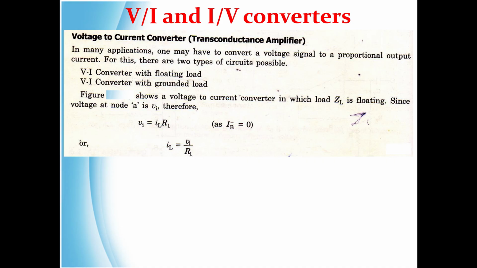Since voltage at A is VI, so this is the voltage to current converter with the floating load.